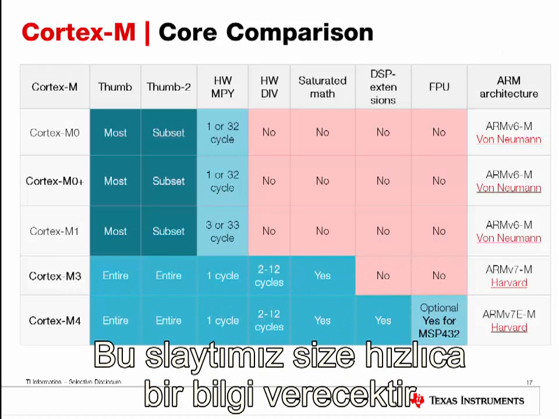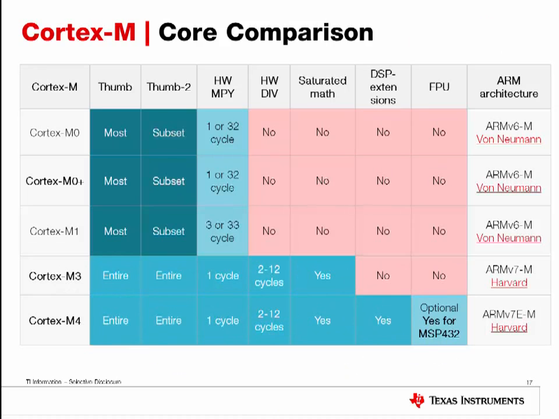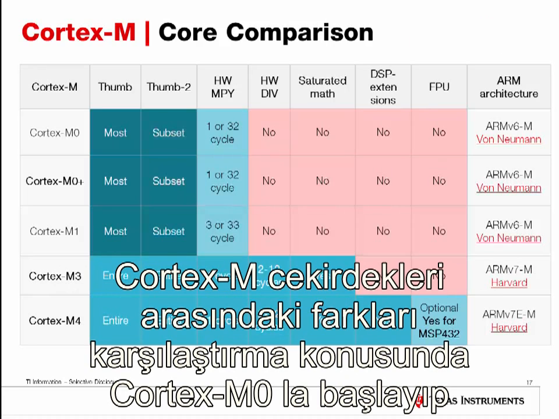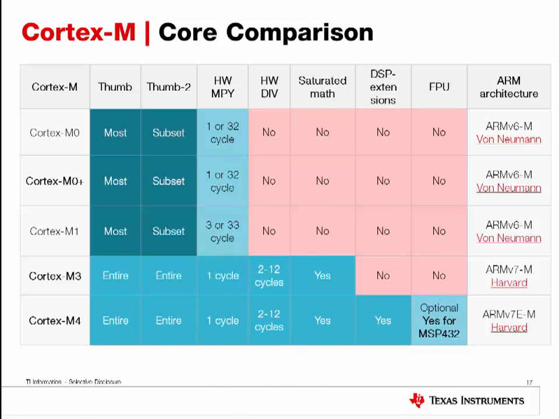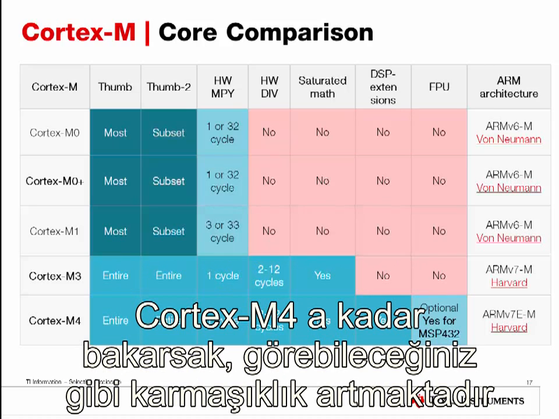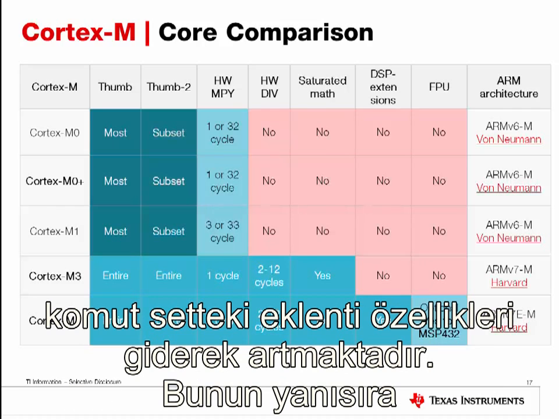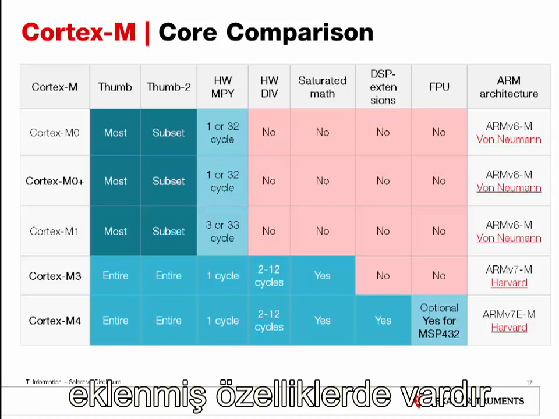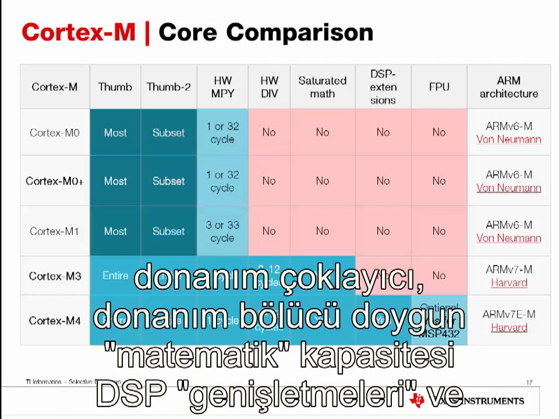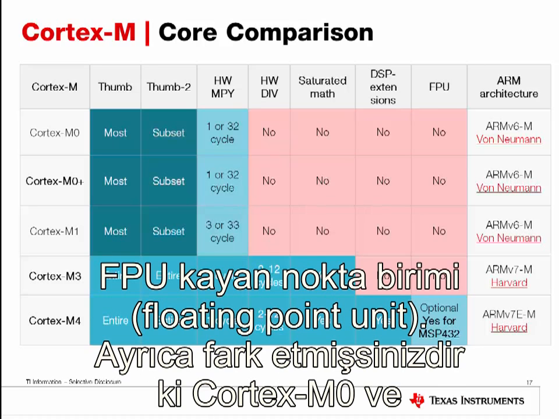This slide gives you a quick overview to compare the different flavors of the Cortex-M cores, starting with Cortex-M0 all the way to Cortex-M4. As you can see, as we increase the complexity in the core, more instructions are added to the instruction set, as well as other additional features like hardware multiplier, hardware divider, saturated math capabilities, DSP instruction extensions, as well as a floating point unit.